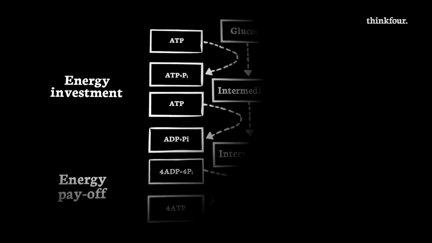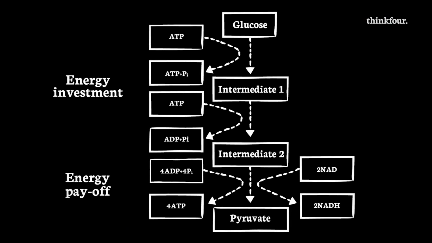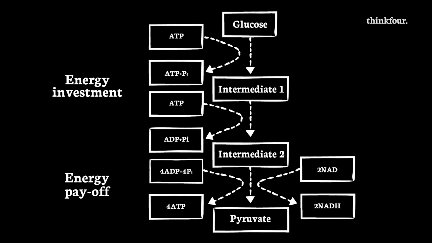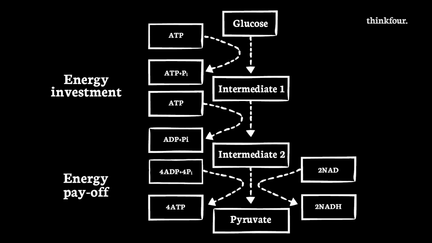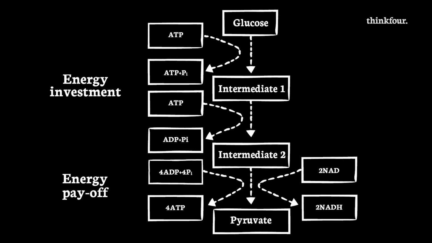When ATP is broken down, it's converted into ADP and Pi. The phosphate released combines with the glucose to form intermediate 1. This process, when phosphate combines with another substance, is called phosphorylation. The glucose is phosphorylated into intermediate 1.